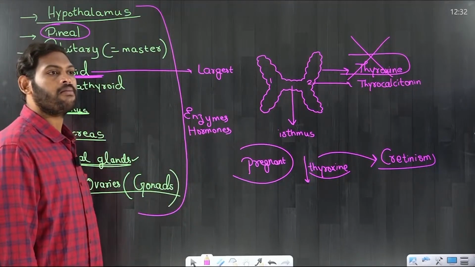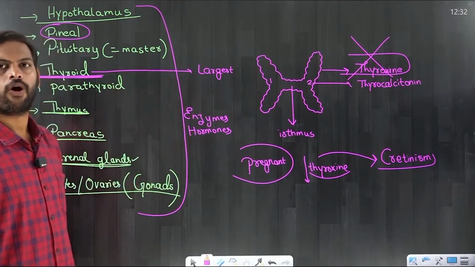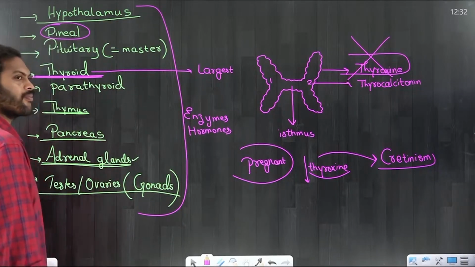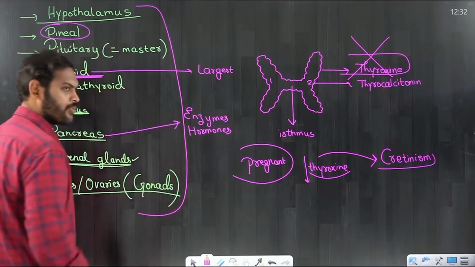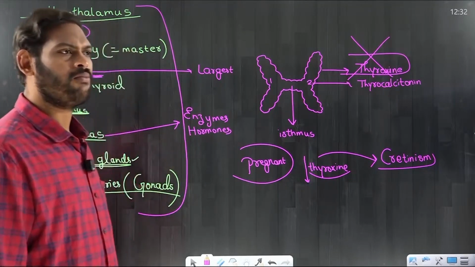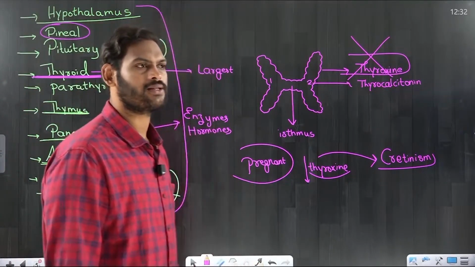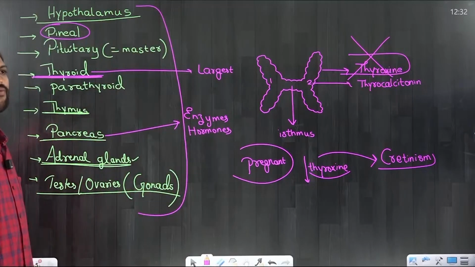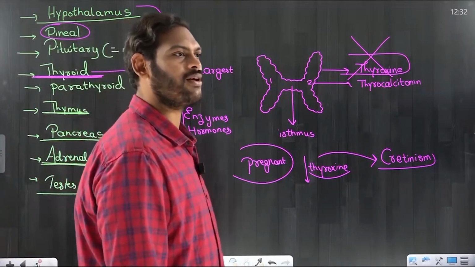This gland makes both enzymes and hormones. What was this gland? Yes guys, pancreas. Very correct. Very good, very good. You're listening. Very nice. That's good. So most of you are listening.